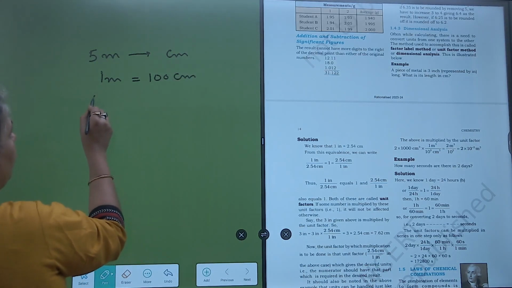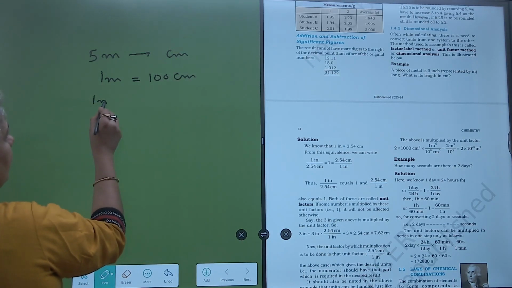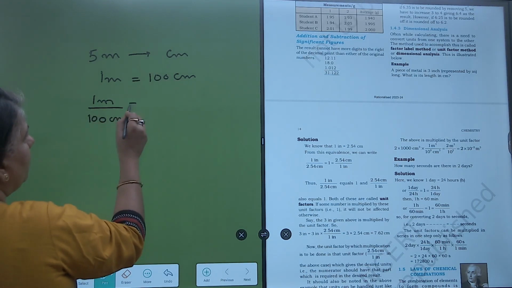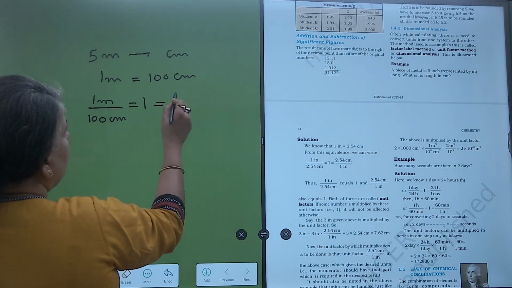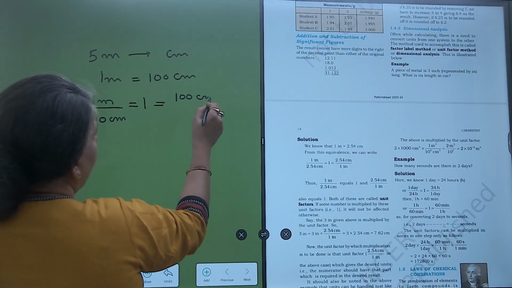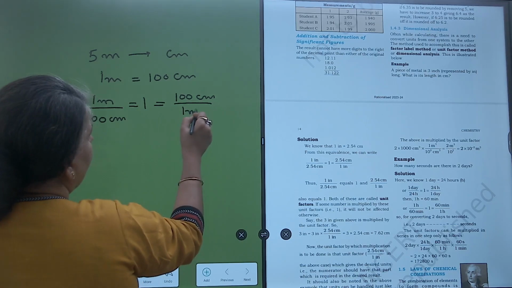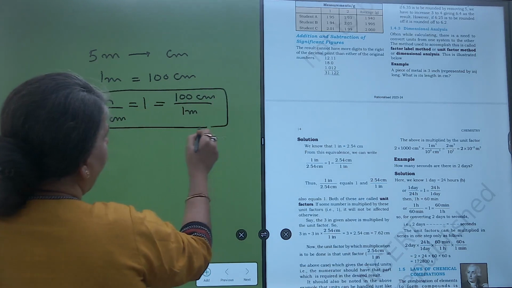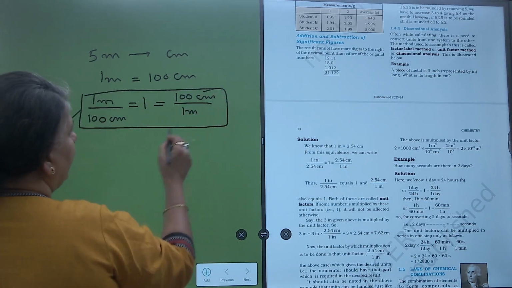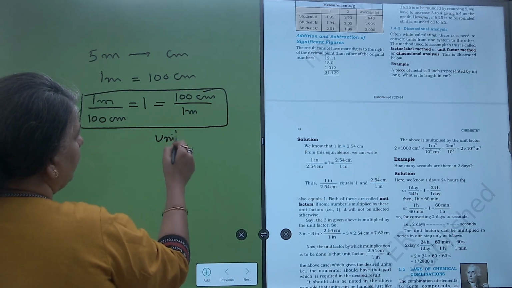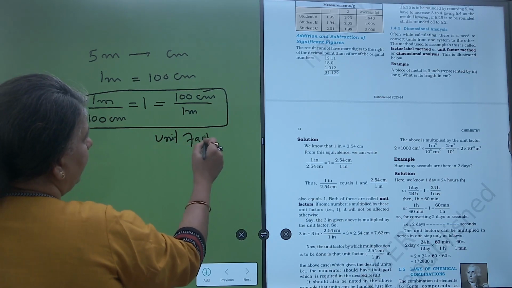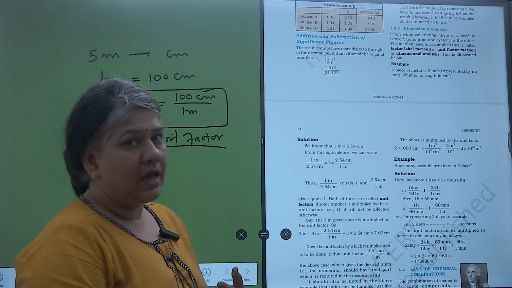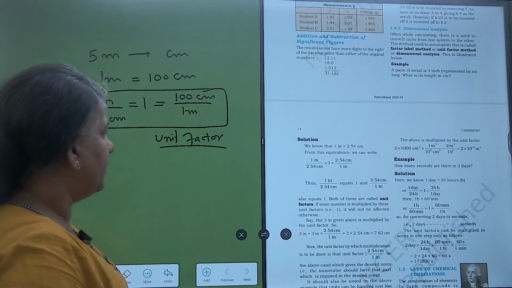So we can write 1 meter upon 100 centimeter is equal to 1. We can also write 100 centimeter upon 1 meter, it is also equal to 1. And this conversion factor is called a unit factor. That is, it will only help to convert the unit without affecting the result.